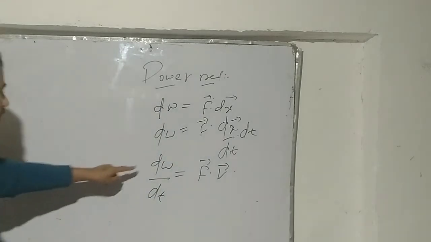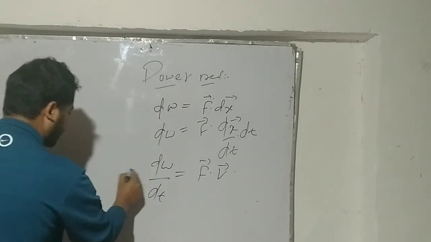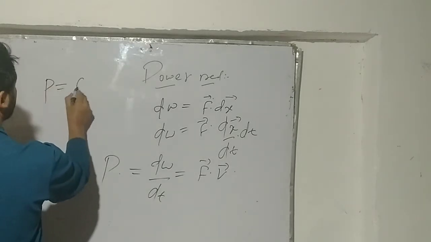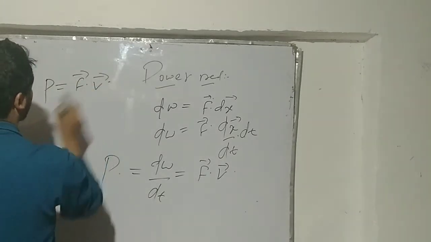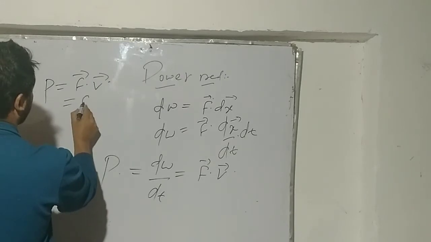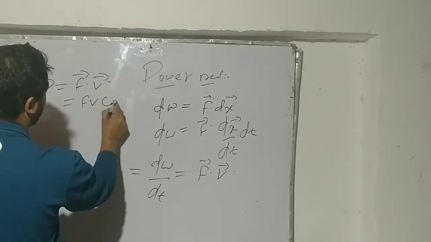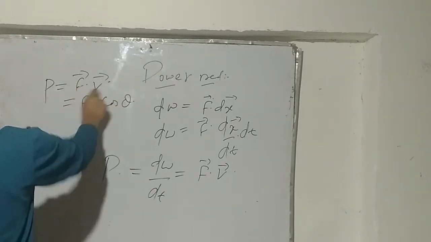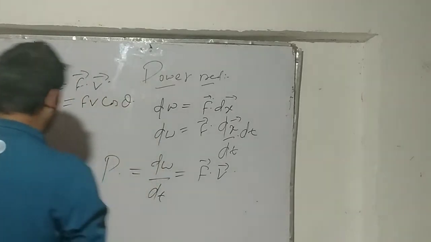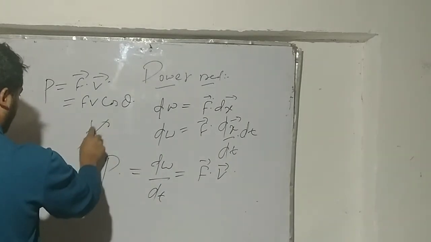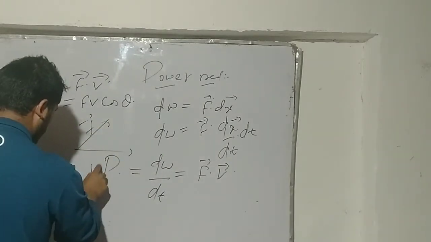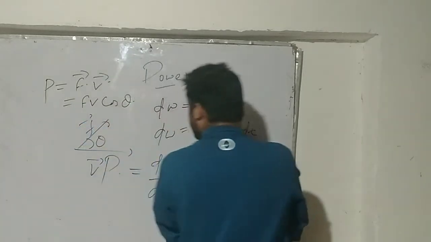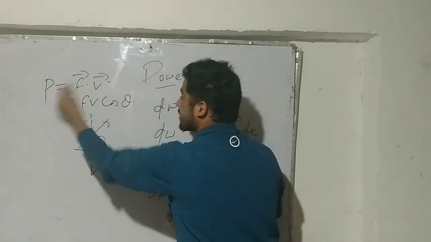So the rate of doing work is something known as power. Power is basically defined as the dot product of force and velocity, or I can say F v cosine theta, where theta is the angle between the force and the velocity vector. If there is my force vector in this direction and my velocity vector in this direction, with an angle between these two vectors, the dot product is nothing but the power.